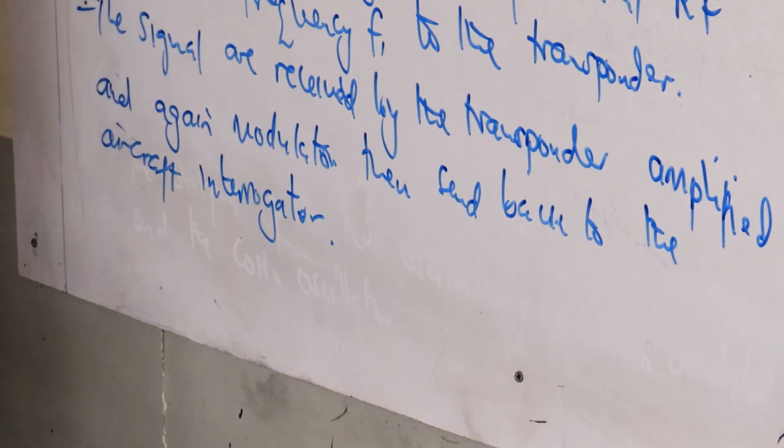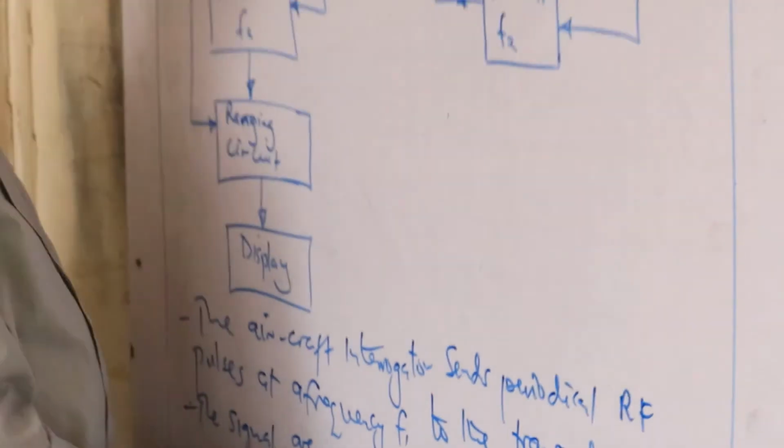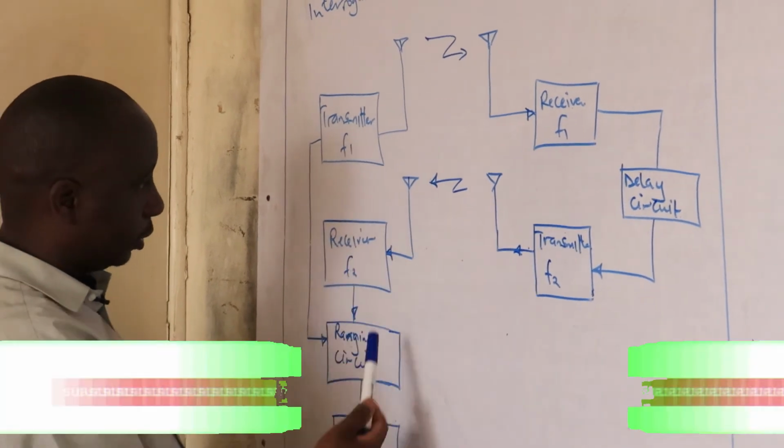So we send the signal from F1 to the transponder. The transponder is able to amplify and modulate and send it back to the interrogator.